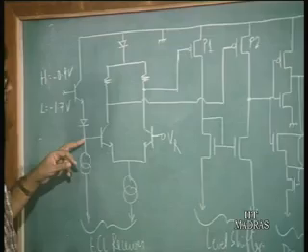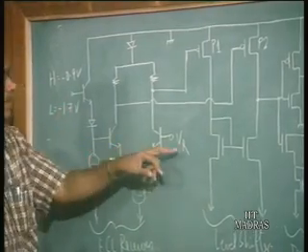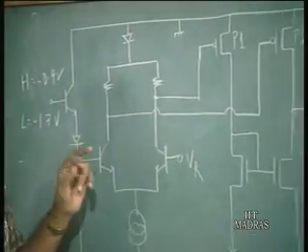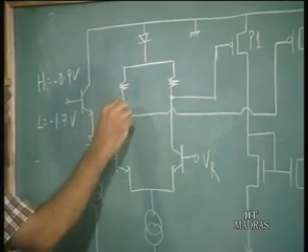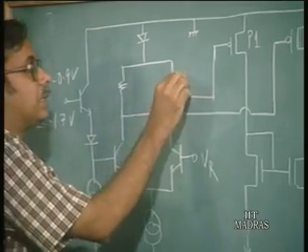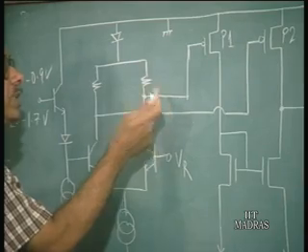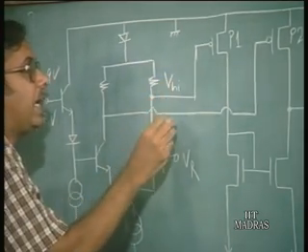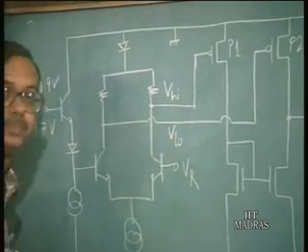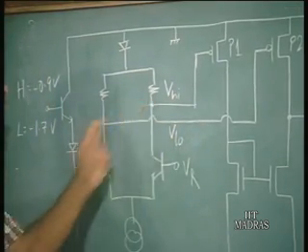Now, depending on the voltages here, and this reference voltage is chosen properly, the current flows in either of these two branches. So, suppose one voltage is going to be the output voltage, let us call it V high, and the other one is V low, at the two collectors.